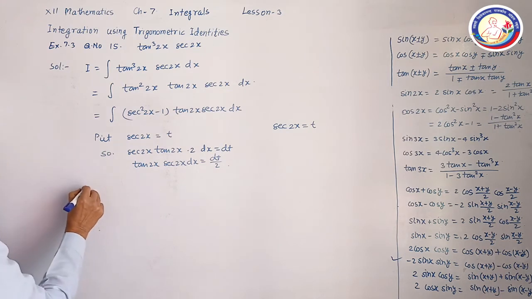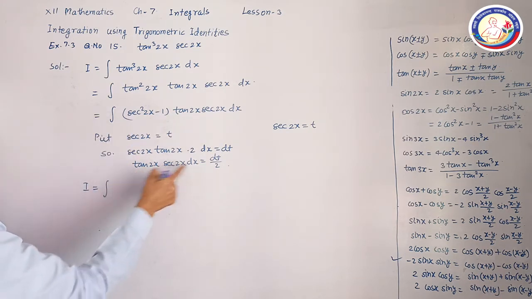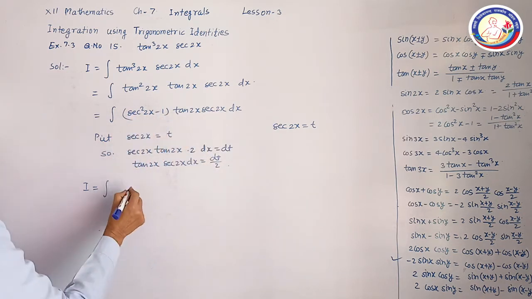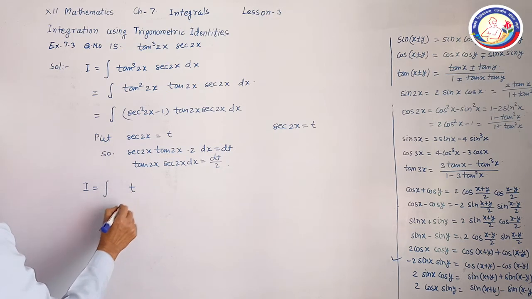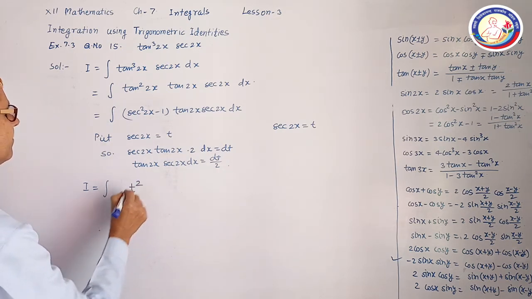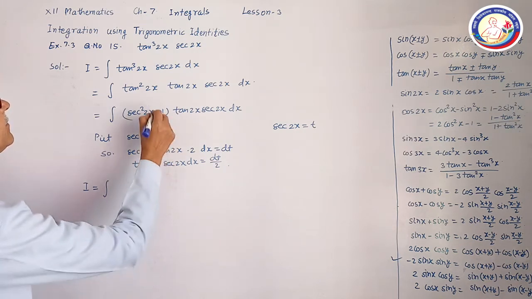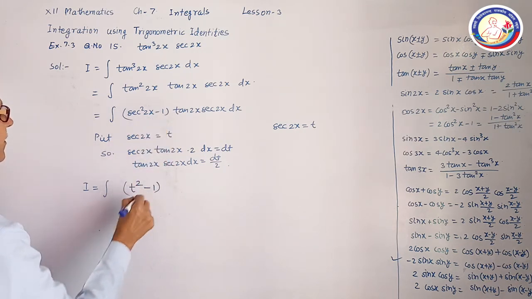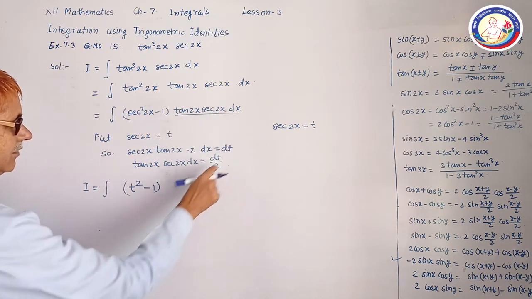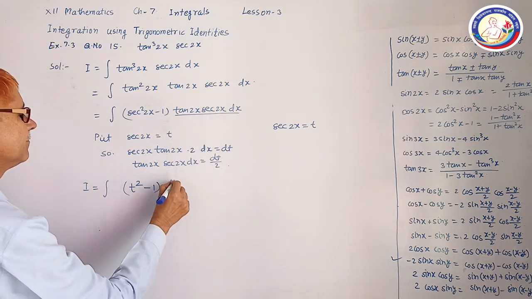Put it here. Our integral I will be equal to, what is sec 2x? It is t. So it is t square minus 1 is here. And what is this? This is dt by 2.